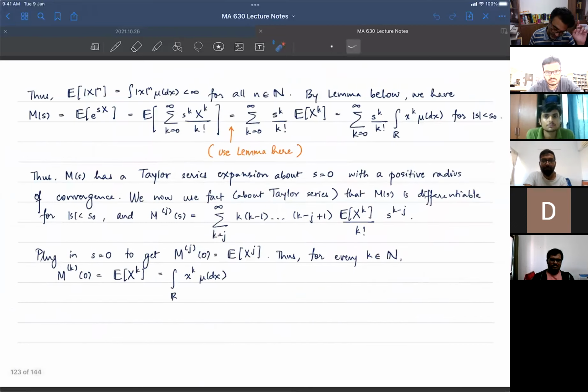There was one hole here, right? And the one hole had to do with, we said expectation of the sum, K going from 0 to infinity, of S to the K, X to the K over K factorial, equals the sum, K going from 0 to infinity, of S to the K over K factorial, expectation X to the K. This needs a little bit of justifying.